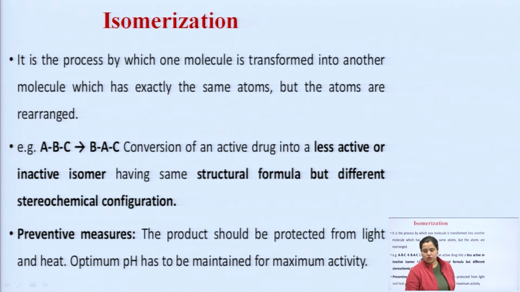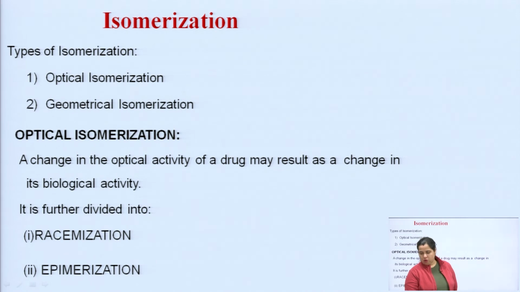Isomerization has the same structural formula but a different stereochemical configuration, like ABC to BAC. Isomers form, and these are further divided into optical and geometrical isomerization.